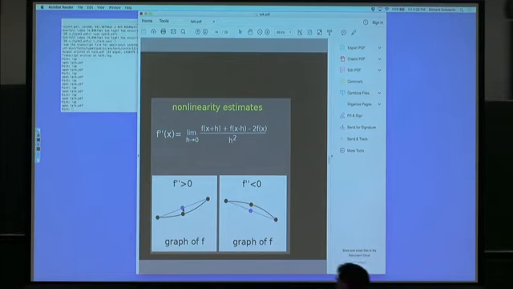So in particular, if you have bounds on the size of the second derivative, then you can get bounds on the max and min of the function just based on the max and min at the endpoints, plus perhaps a correction. This is the way my estimates are going to go.